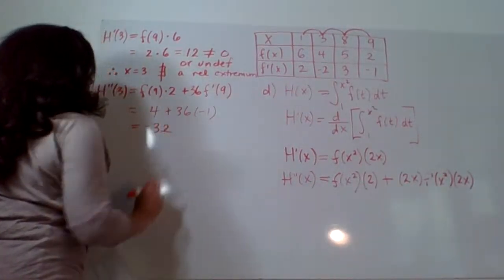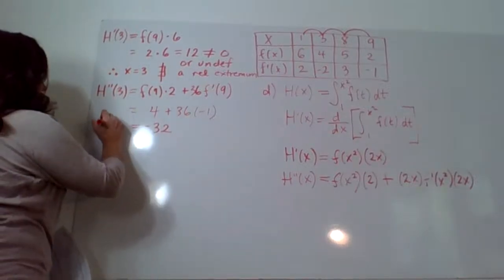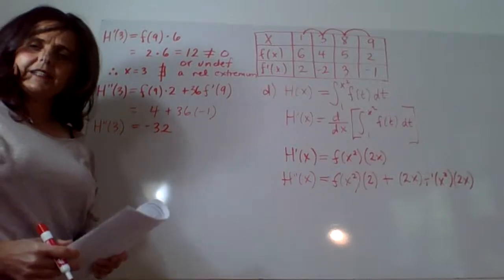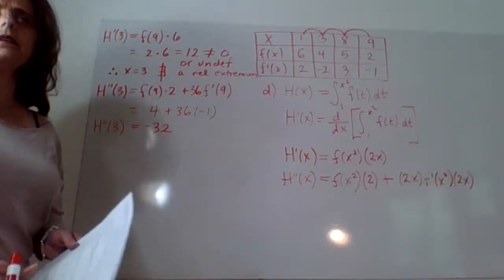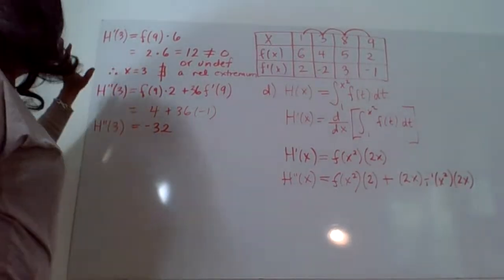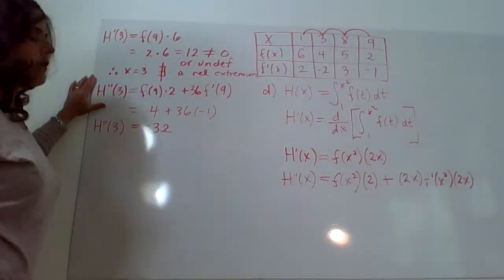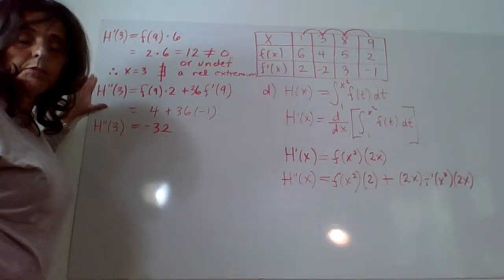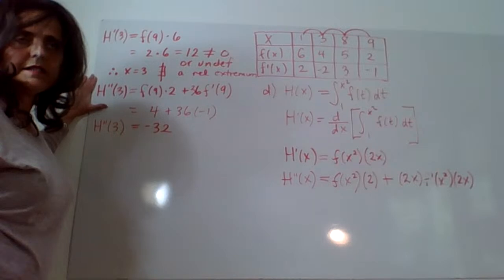So now, because h double prime at 3 is a negative number, it's not 0 or undefined. Again, it parallels with the extrema. If the second derivative is 0 or undefined at an x value, it's a possible point of inflection, but then you have to test it.